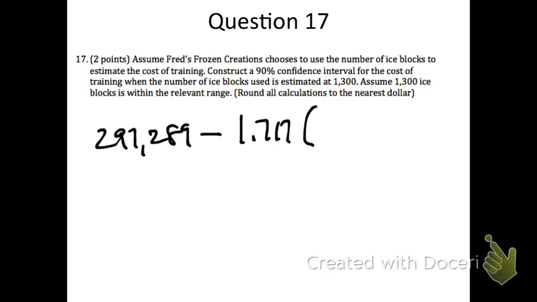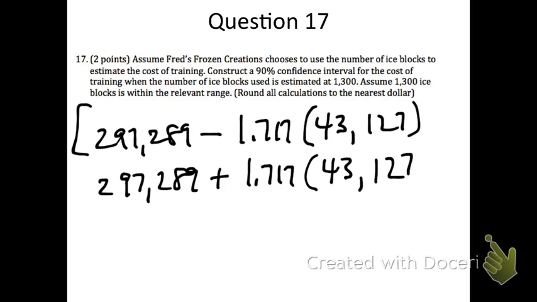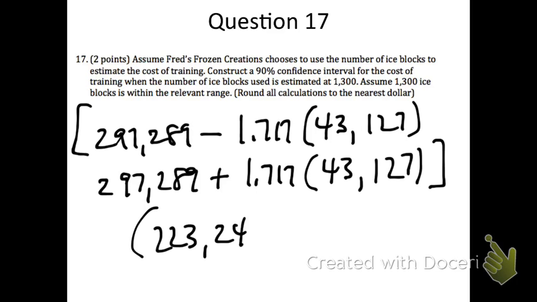So if you look back on your regression, looking at number of ice blocks as the driver, my standard error is 43,127. So that's the bottom end of my range. The top end of my range is 297,289 plus 1.717 times 43,127. And so my confidence interval turns out to be 223,240 to 371,338.